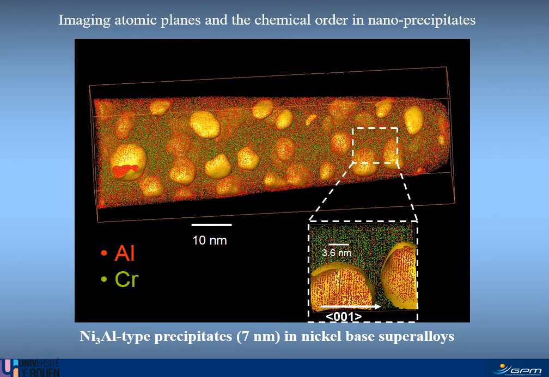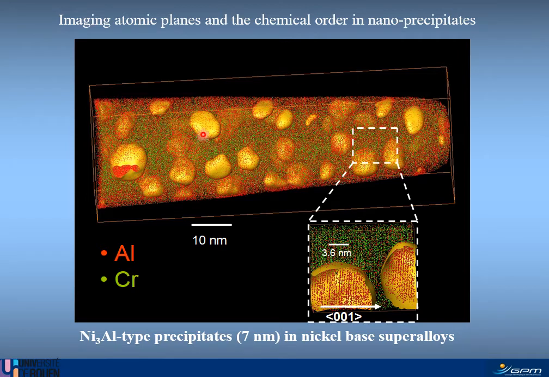Let us illustrate what we can do with atom probe tomography. In particular here, this is a 3D reconstruction of nickel-based superalloys, a two-phase material composed of a matrix that is enriched in chromium. Chromium is here in green. And the precipitates are enriched in aluminium, and these precipitates are shown here in yellow contrast.